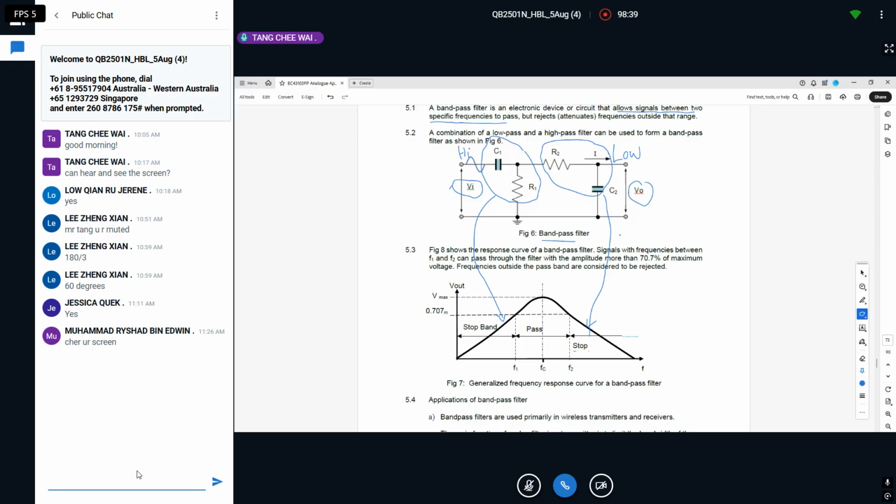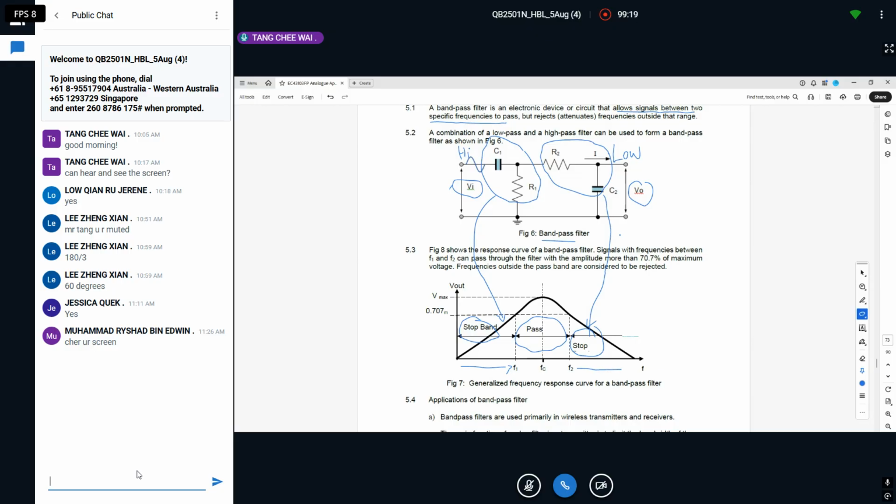The next question I think all of you will be asking is, which frequency are we going to allow to pass? Which I told you is here, the middle. That's why we call it band pass. The stop band will be here at the low frequency, from here to this F1. I don't allow it to pass. Same, I also stop after F2 onwards.